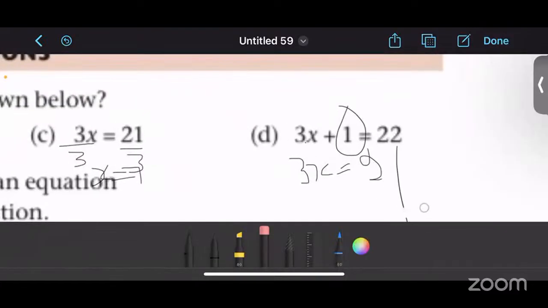Ma'am, it's the same as C. Yeah, that's correct. So that means it's also going to be 7 because we're going to do the same steps that we did in C, which would mean that we'll get the value of 7 if 7 is correct in this case, right?